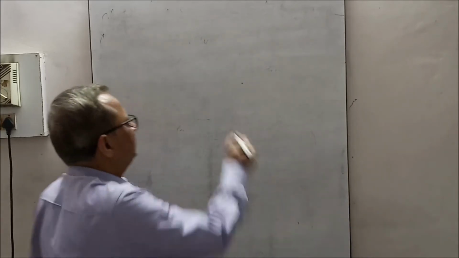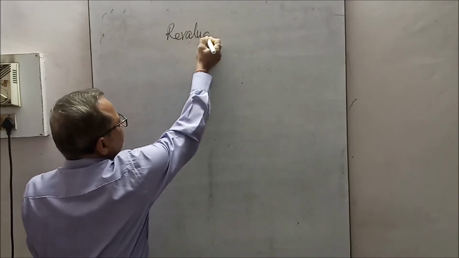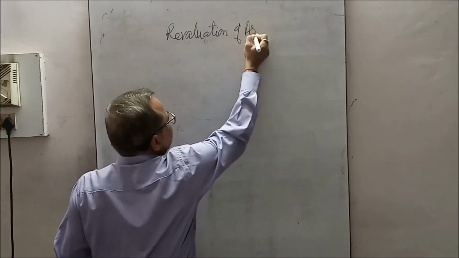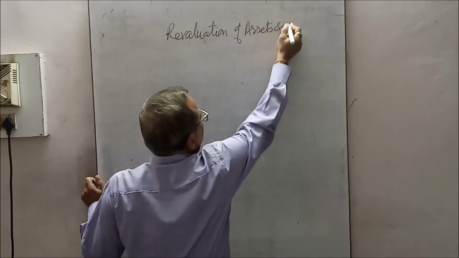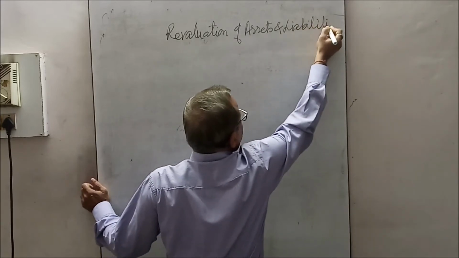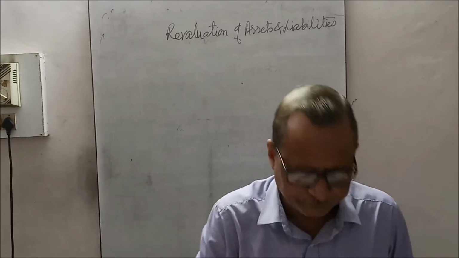When a partner is admitted, as we know, there is a change in profit sharing ratio and accounting treatment of goodwill, which we learned. Now, the revaluation of assets and liabilities. What is the meaning of it?